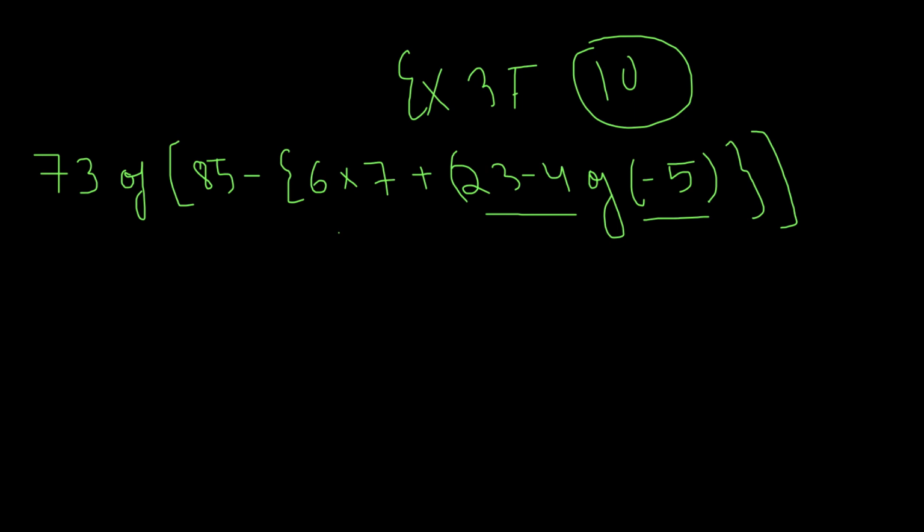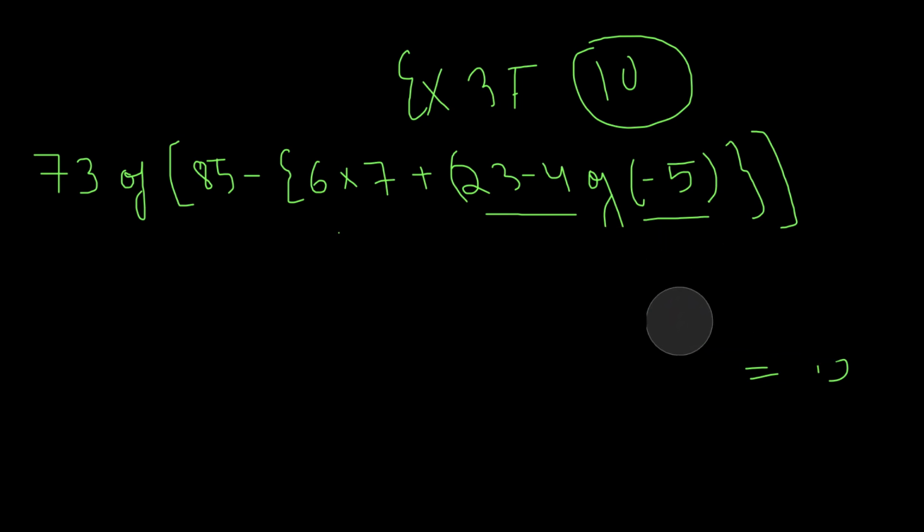This minus 4 of minus 5 will be minus minus plus, so 23 plus 20. 4 into minus 5 gives plus 20, and 23 plus 20 will be 43. So the solution to this part is 43.